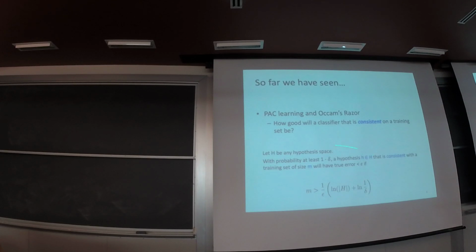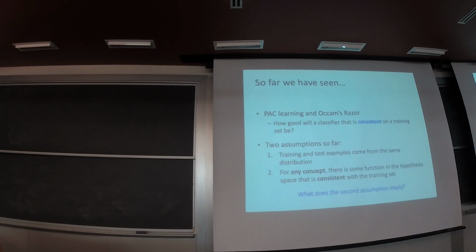To achieve this sample complexity lower bound, to guarantee some true error, right? We require that for any target function concept, there is some function in the hypothesis space our learning algorithm used, which is consistent with all the training set.